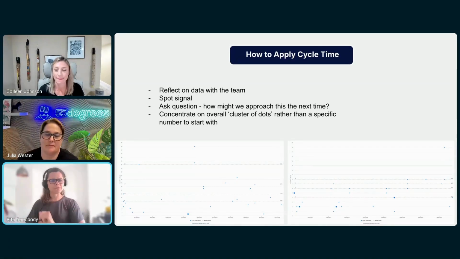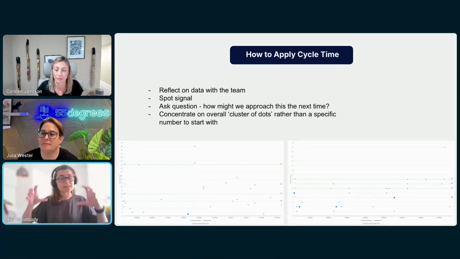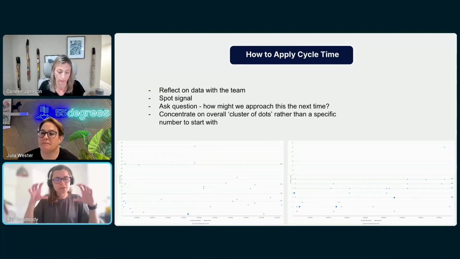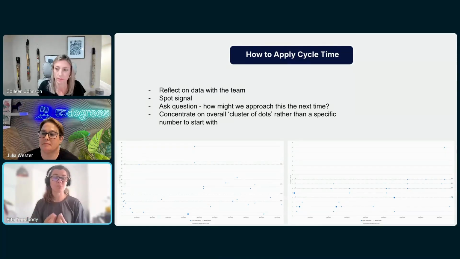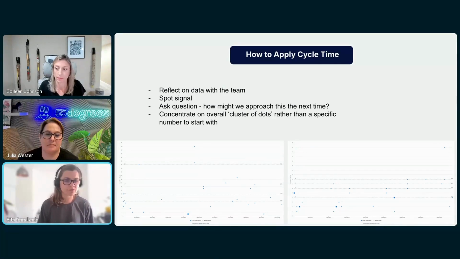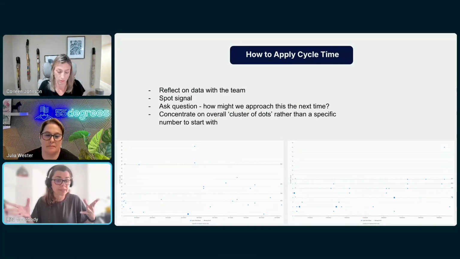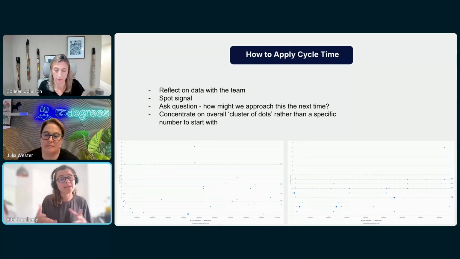So you think I need to finish things in this, or you think I can't finish earlier, or no, we don't think anything. What we want to see is the cluster. And once you start to see that, start to reduce it as much as you can. It's a continuous improvement mindset. We're not supposed to get to a number straight away. We don't know if it's good or bad. We look at the data together and ask a question.